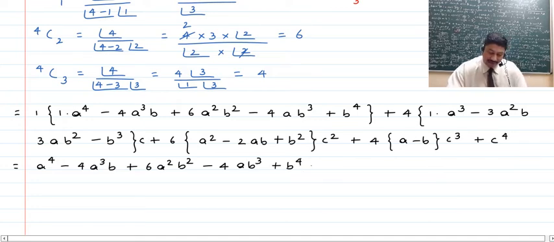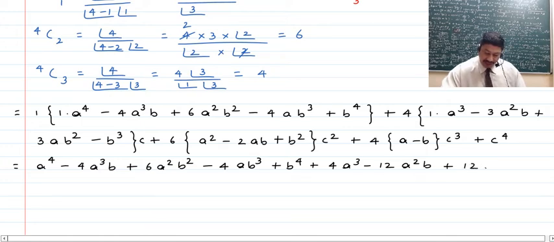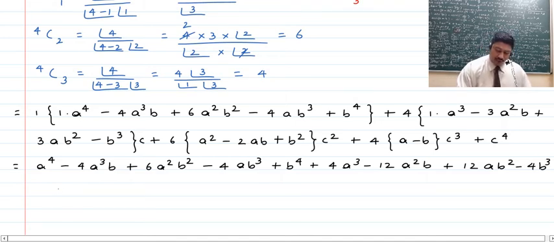Then we have plus 4a cube minus 12a square b, right, and then we have here plus 12ab square and minus 4b cube, right? And remember, all of this is to be multiplied with c, right? This c, which is at the end trailing, is to be multiplied with all the terms. As such, now we multiply all of these 4 terms that we have written with c.